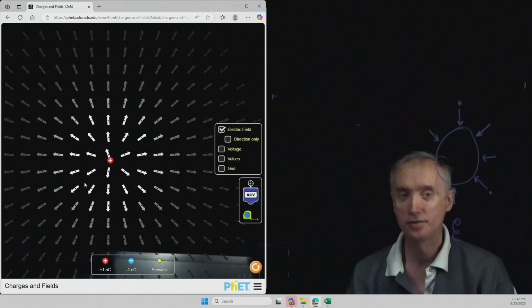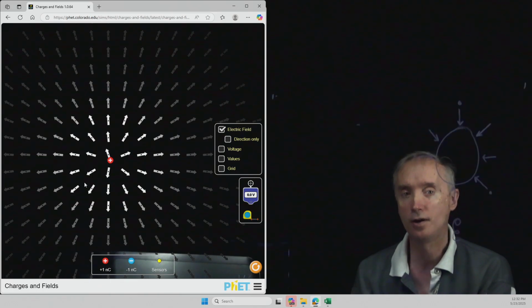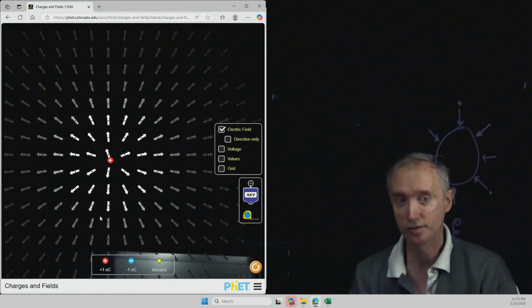Okay. So do you see that it makes exactly the same picture, but now look at what the arrows are doing. The arrows are pointing outwards. Can you explain why? How did we come up with those arrows in the first place? We took a teeny tiny charge and we put it out here and we observe what direction does it want to go.